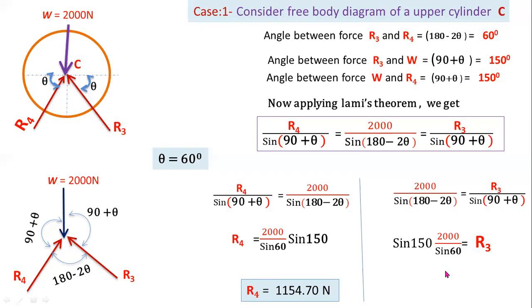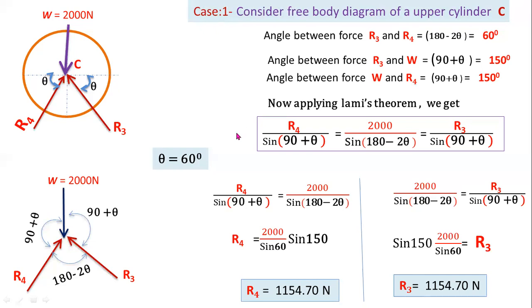From this equation, the value of reaction force R3 equal to 1154.70 newtons. You can observe the reaction forces R3 and R4 are both equal. That value is 1154.70 newtons. This is case number 1.